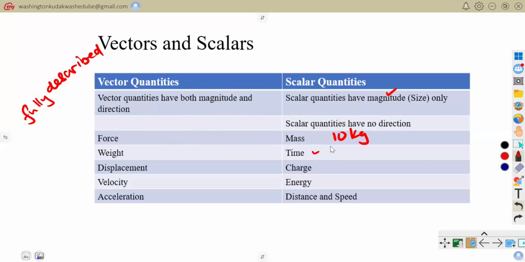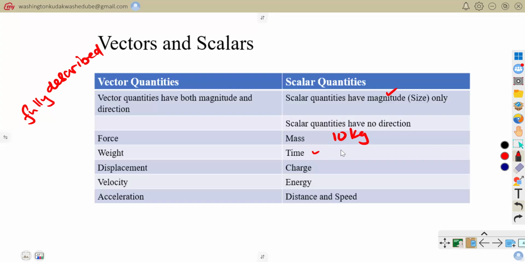You cannot say it's 10 hours to the north, you only mention the progress that has occurred. For example, from the time I started reading until now, I've read for 5 hours. You only mention the total time that you have been reading.